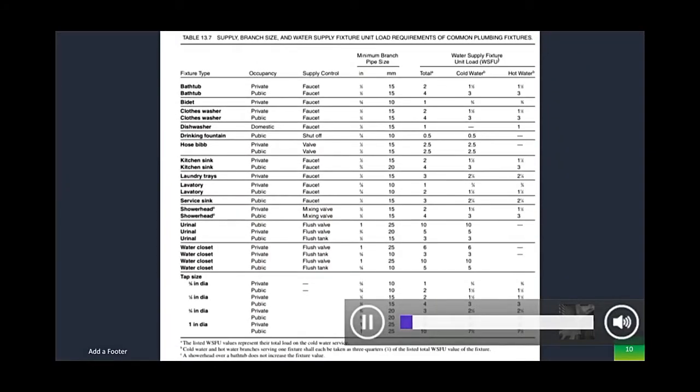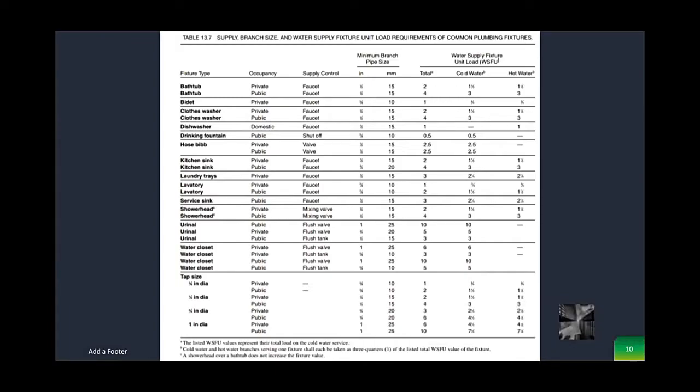Branch pipes can be sized from minimum branch requirements cited in the building code, such as those provided in Table 13.7. So here in table 13.7, supply branch size and water supply fixture unit load requirements of common plumbing fixtures are shown.